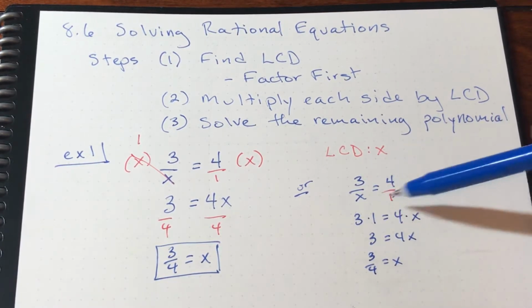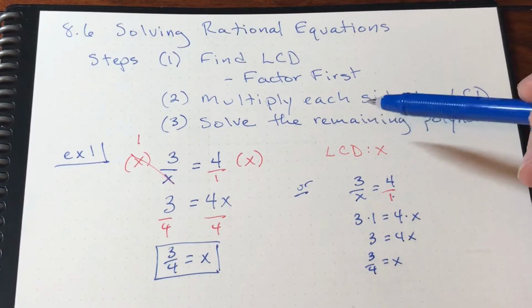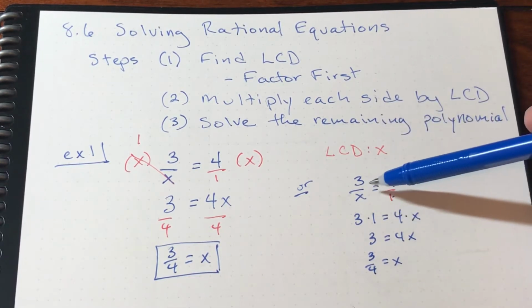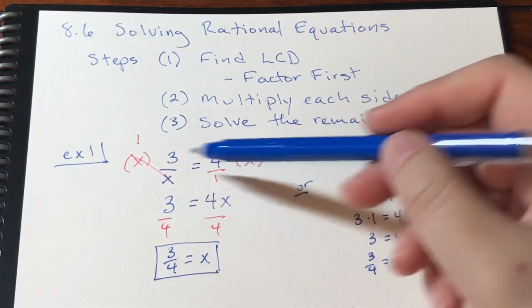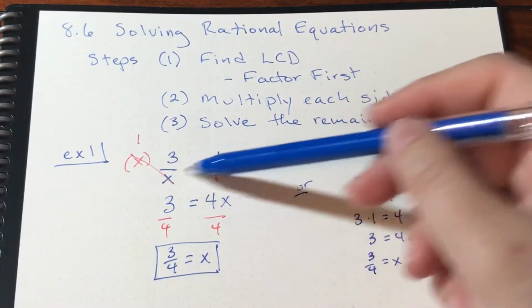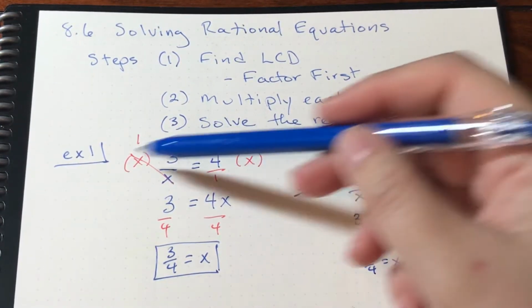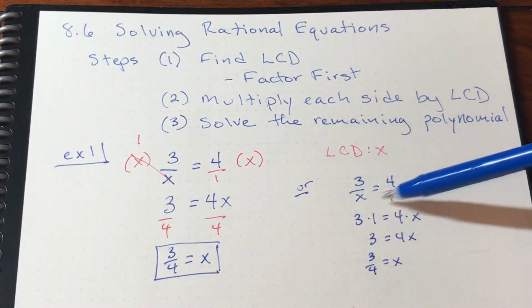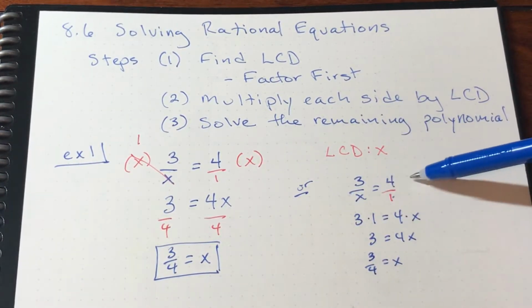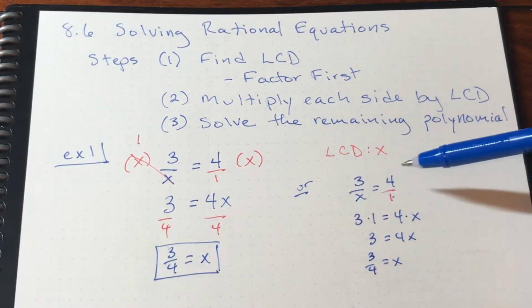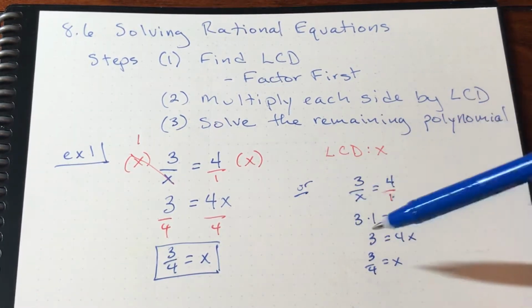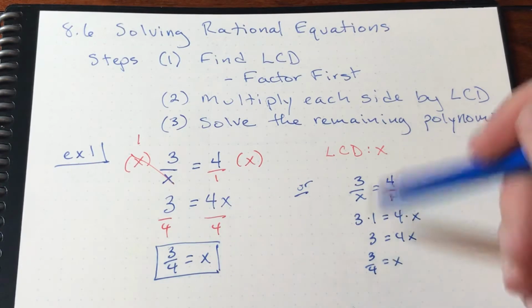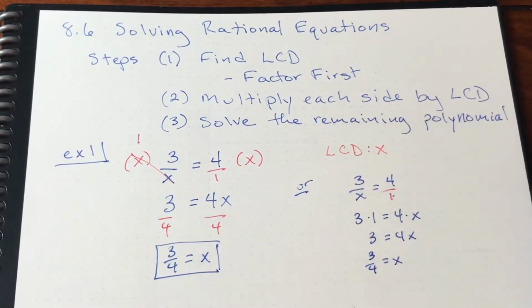And the reason it works is because you're basically multiplying x by both sides and canceling it out, and multiplying 1 by both sides and canceling it out. So what you're left with is just each denominator on the other side because of the canceling out process. So it's a shortcut of doing this.